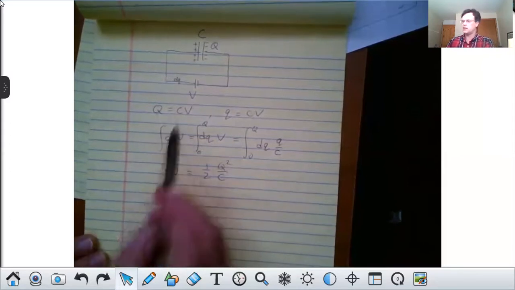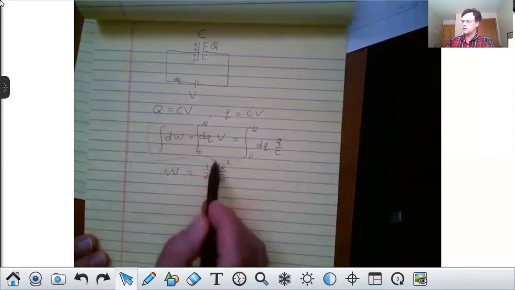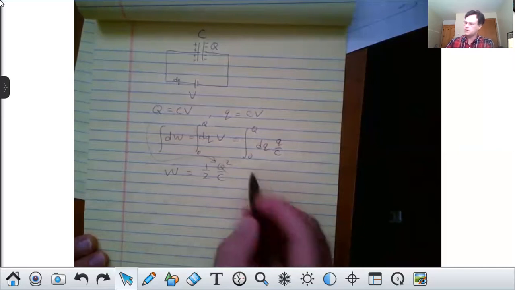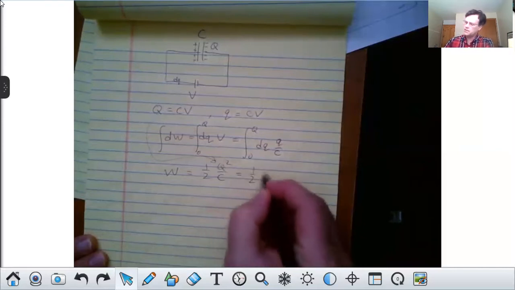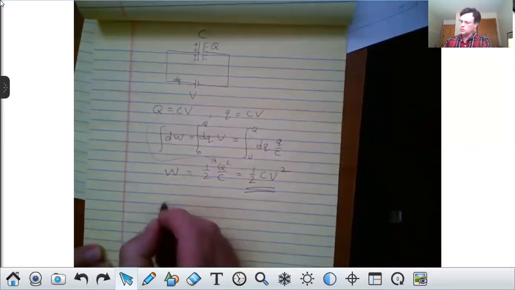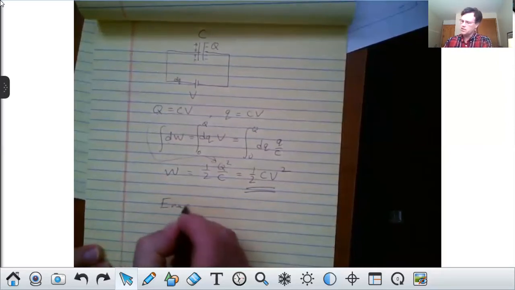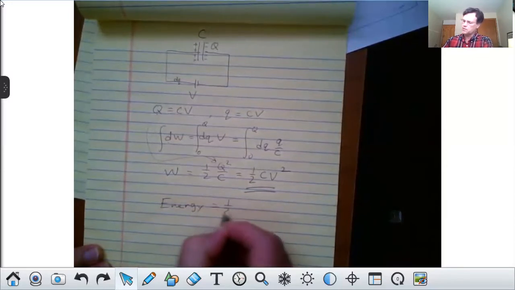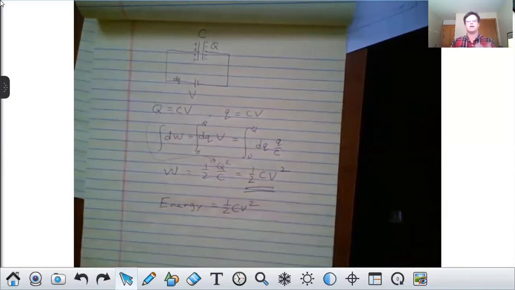If I plug in Q equals CV, I could write this as 1/2 CV squared. So this is really the formula for the work done to build up the capacitor to its total charge, or you could say it's the energy stored in the capacitor when it's at its maximum charge.